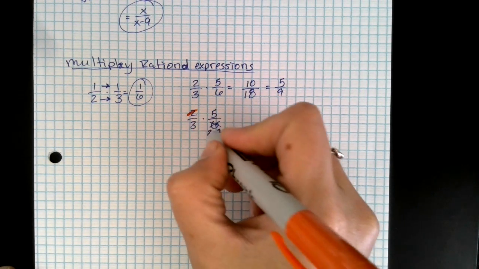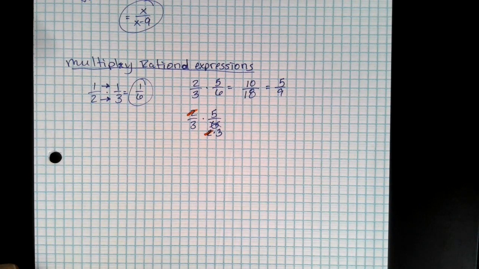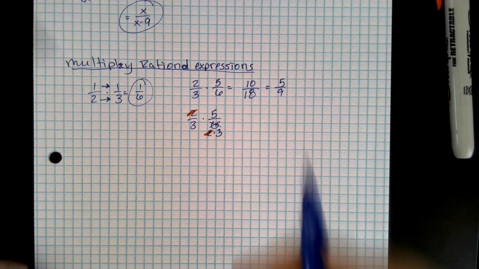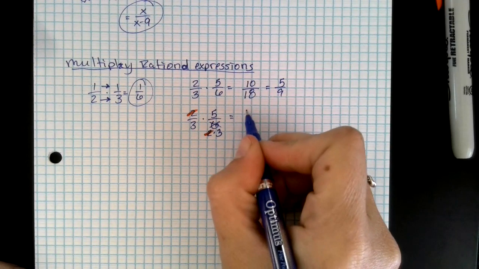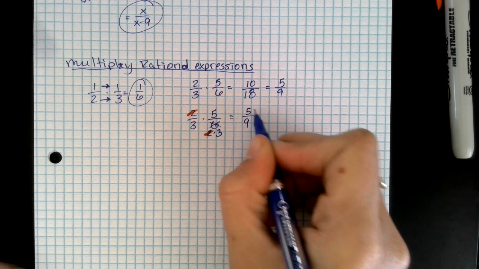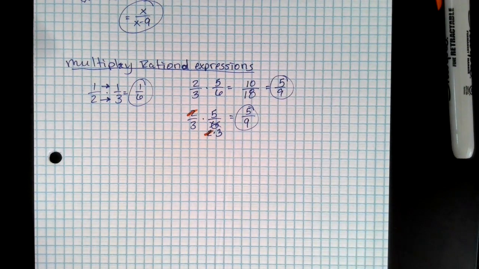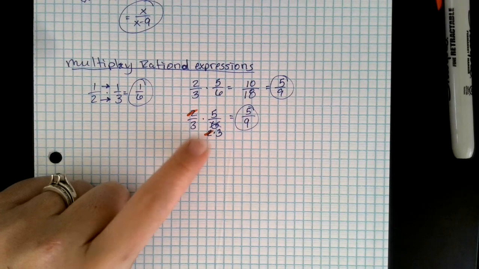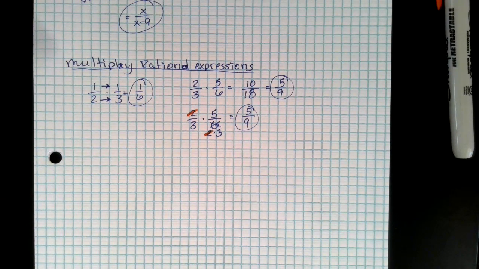So this 2 and this 2 get to cancel out because you had one on the top, one on the bottom. So now the only thing that we have left on the top is the 5. On the bottom, we have 3 times 3, which is 9. So we're going to be following this method because we're going to be simplifying our expressions and canceling them out.